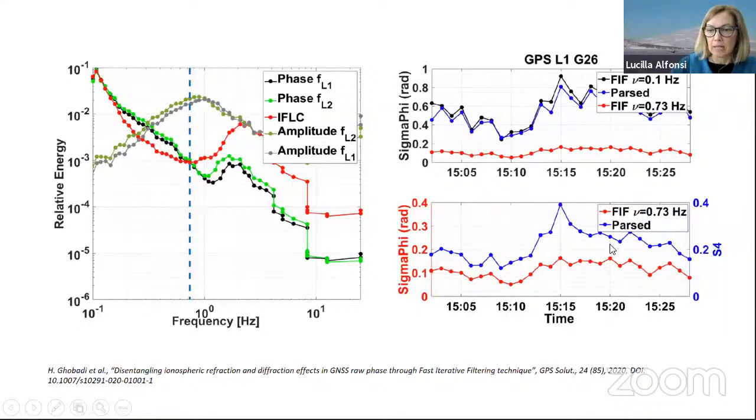And this discrepancy is likely due to the fact that not all the refraction is due to deterministic effect, but there is also a portion that is stochastic that cannot be eliminated by using this exercise. But anyhow, we consider this assessment of the phase scintillation level more reliable than the one derived from the default approach.